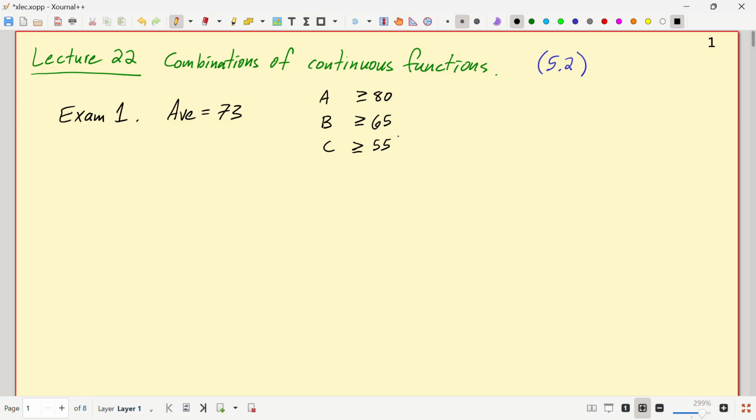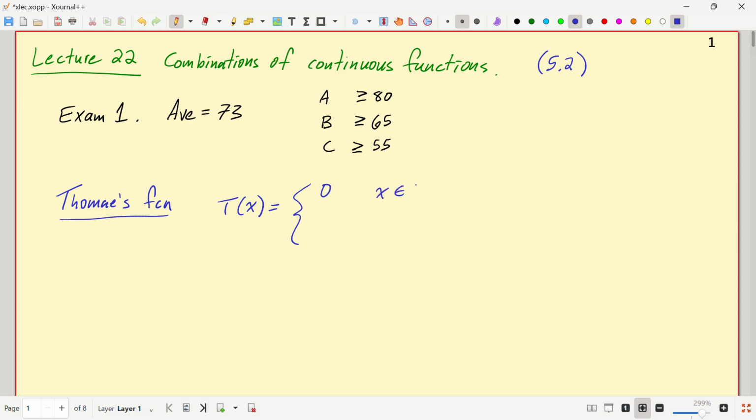The last time I was describing this wild function called Thomae's function, and I thought I'd say a few more words about it. It was that t of x is equal to 0 on irrational numbers.